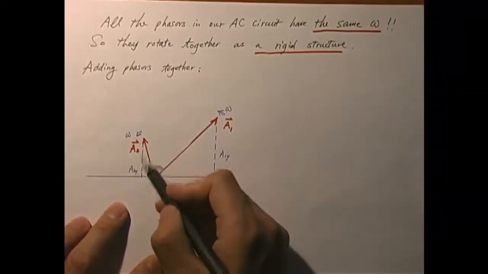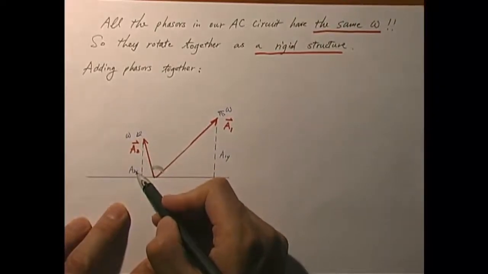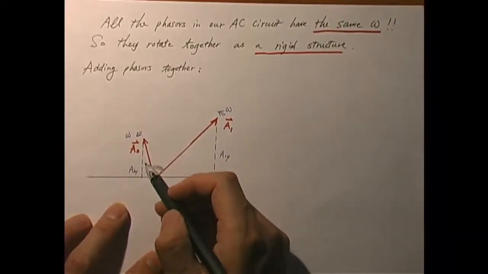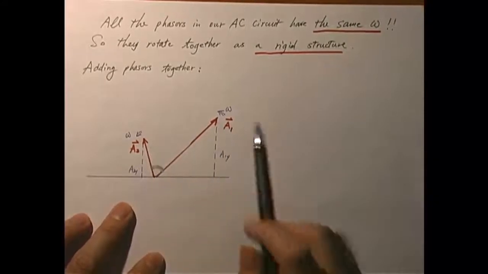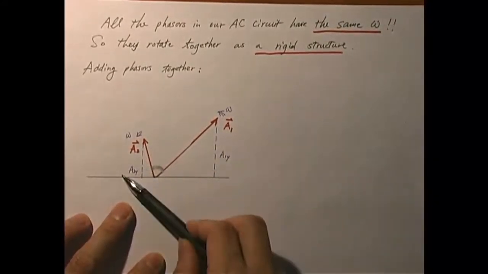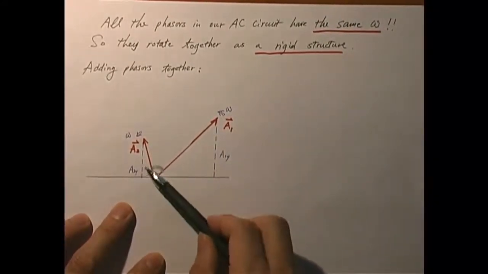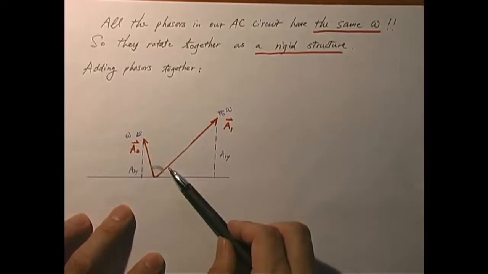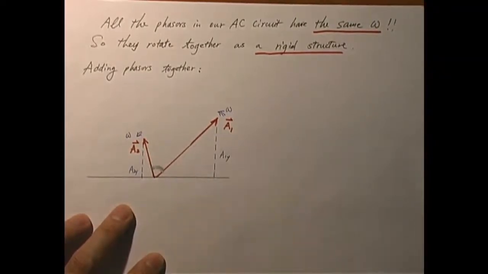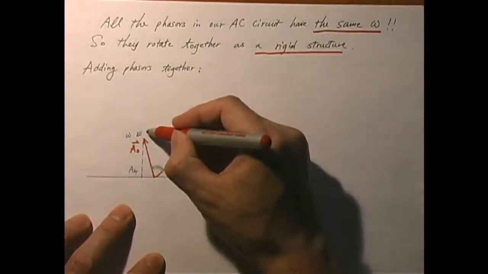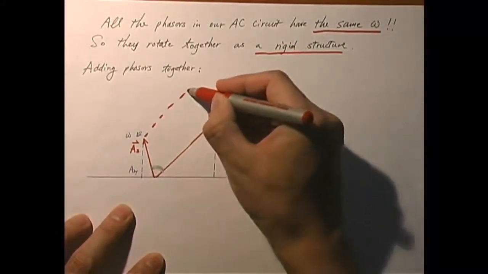And the y component of A2, or A2y, is the real physical quantity, which also varies as a sine function of time. Now, my job is to try to add these two y components up, which is hard to do because they don't have the same phase. So what I'm going to do now is add the two phasors up first. I'm going to add the two vectors first. Okay, so that's what I'm going to do.